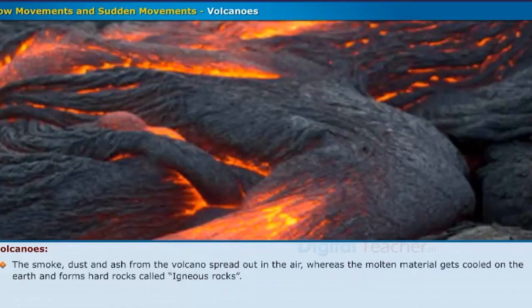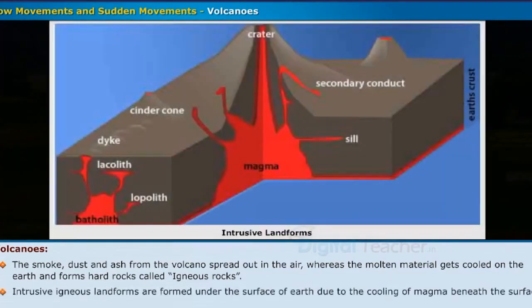The smoke, dust and ash from the volcano spread out in the air, whereas the molten material gets cooled on the earth and forms hard rocks called igneous rocks. Intrusive igneous landforms are formed under the surface of earth due to the cooling of magma beneath the surface.